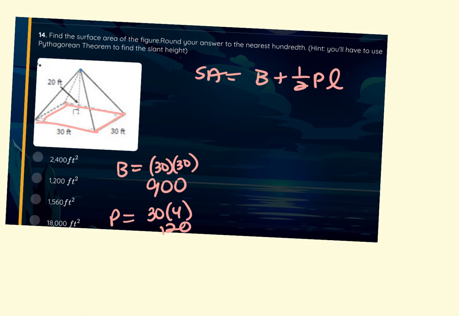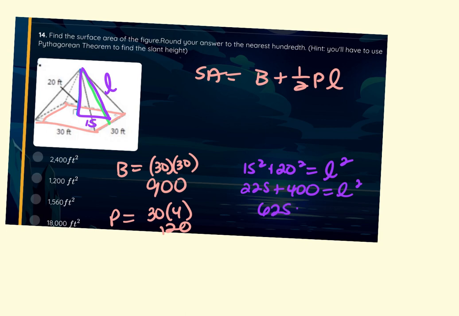And this time they give you the height is 20 and you don't have the slant height. So you're going to make a right triangle by taking half of your side length, which would be 15, the height, which is 20, and the slant height's what you're missing. So it's going to be 15 squared plus 20 squared equals the slant height squared. 15 squared is 225, 20 squared is 400, and 625 equals the slant height squared, which would mean this is 25.